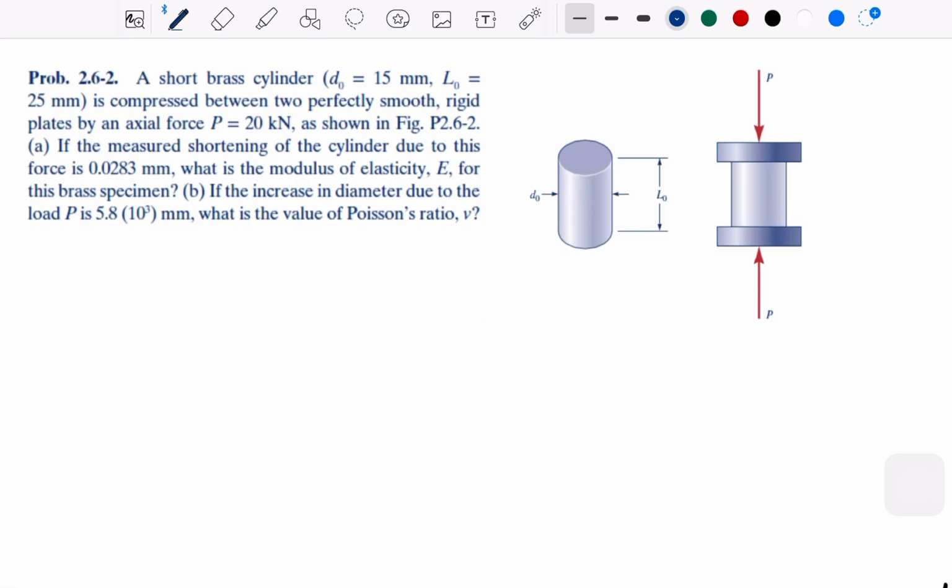It's related to a stress-strain problem. The ultimate question within this problem is asking for the Poisson ratio, which is the ratio between the strain on the transversal axis and longitudinal axis.